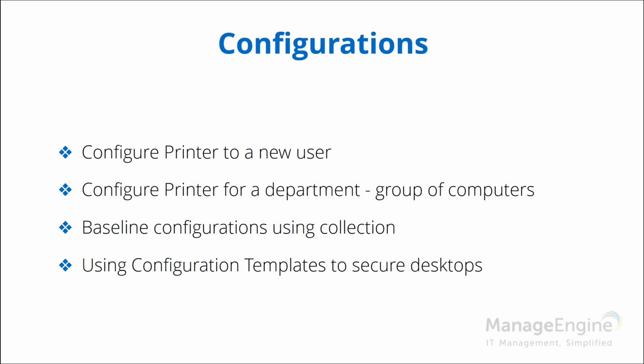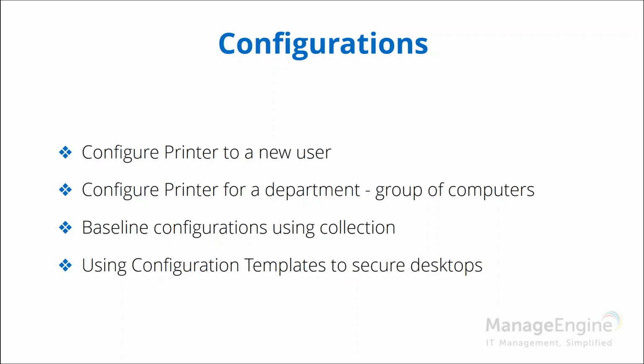Now I'm getting a new request from a user to configure a printer. A printer is inevitable in the network for daily routines. I'm going to show you how to configure a printer for a new user and manage it, and similarly how to configure a printer for a department or a group of machines.